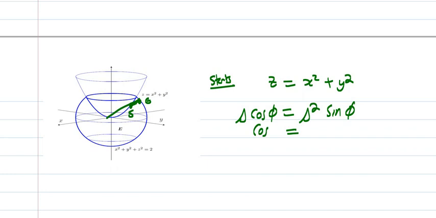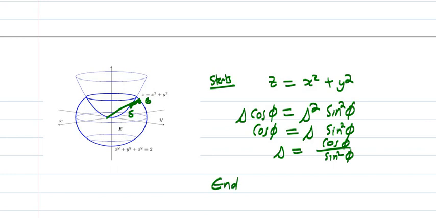So I get that cos phi is equal to rho times sine squared phi. Then we see that rho is equal to cos phi over sine squared phi. All right? And where does it end? It ends when it hits the sphere.